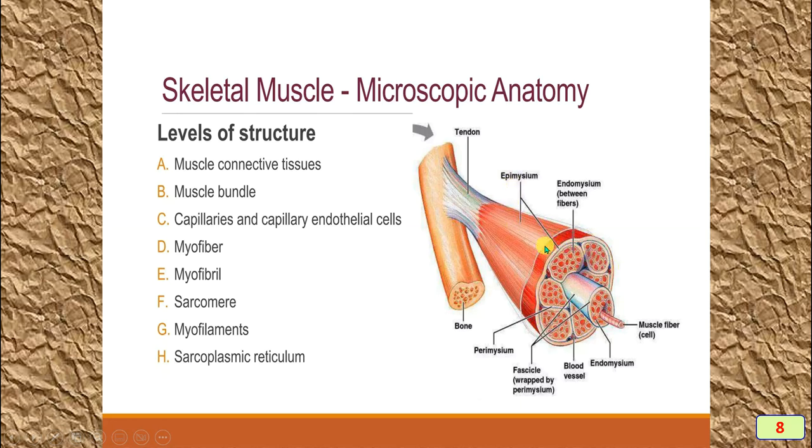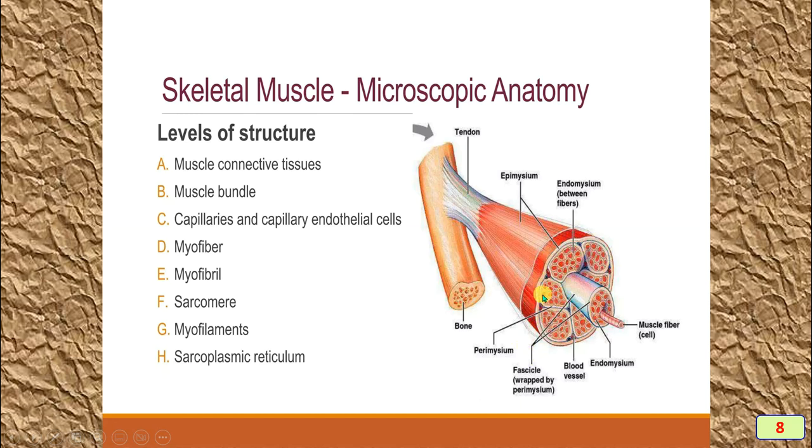Then inside that, both these muscle layers are there, and the endomysium is in between the fibers. So these are all the individual muscle fibers. Then in between these, the endomysium is present, just like a sandwiched portion.